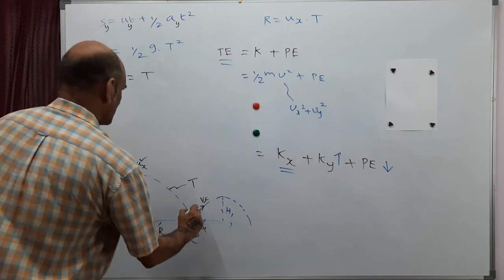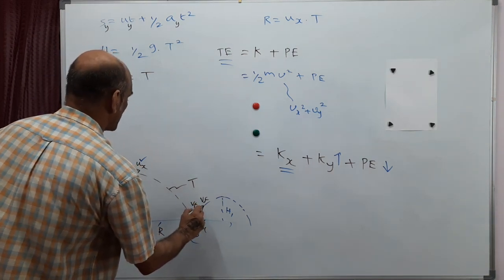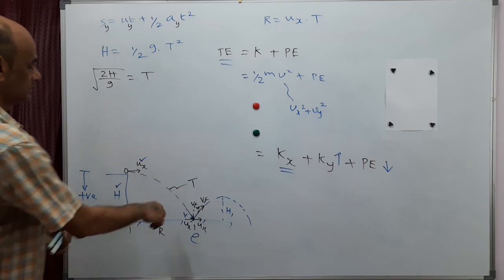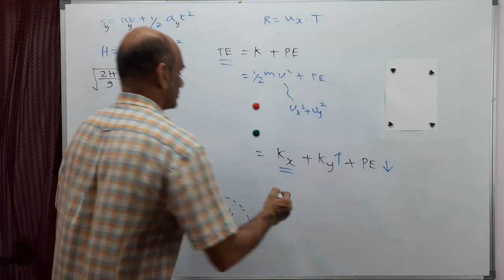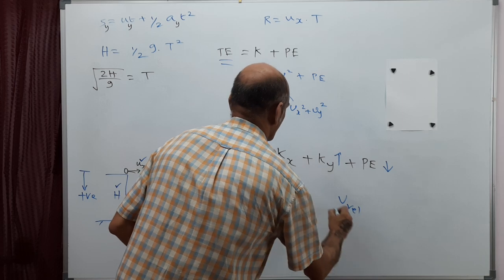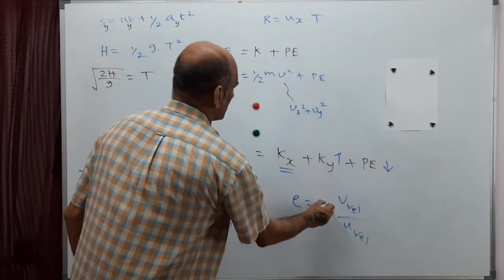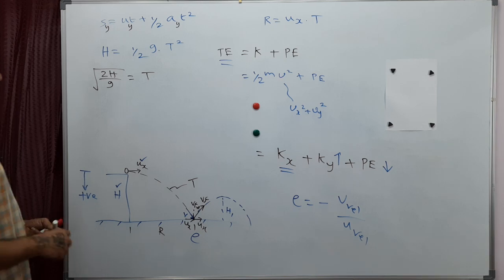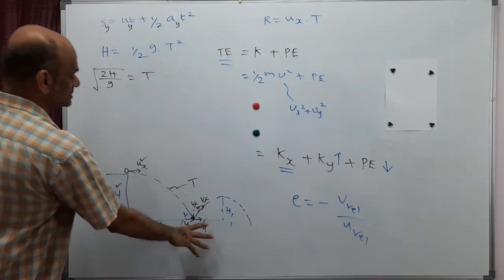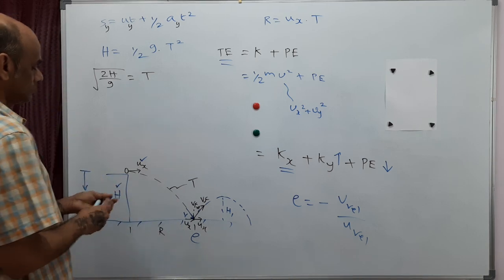So for this v final, that's after collision, the y component, the coefficient of restitution is relative velocity of separation by relative velocity of approach between the two colliding bodies with a minus sign. One colliding body is the mass, the second one is the ground or the floor, which is not moving. So this velocity is 0.